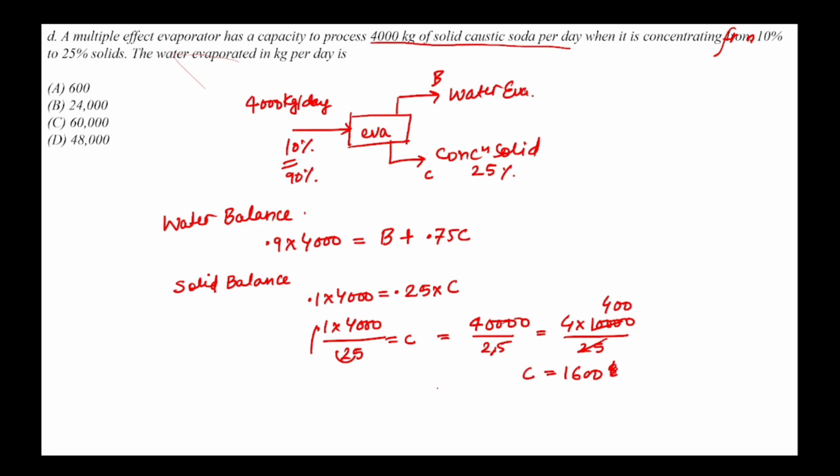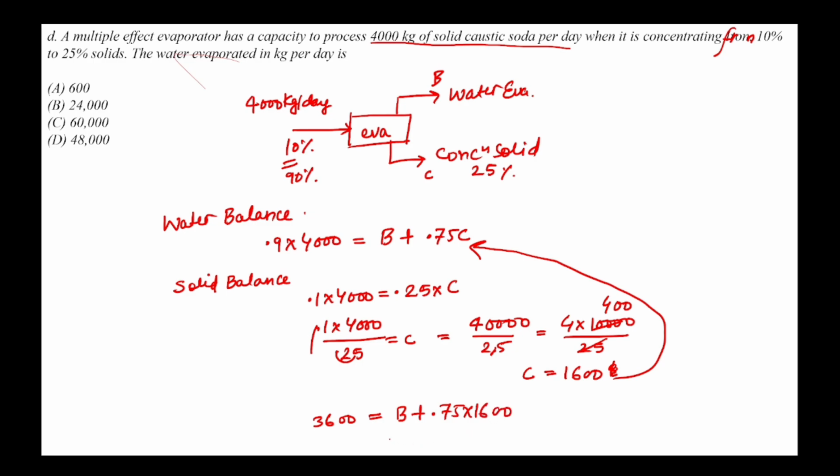Okay, now putting this value of C here. 9 fours are 36, so 3600 is equal to B plus 0.75 into 1600.